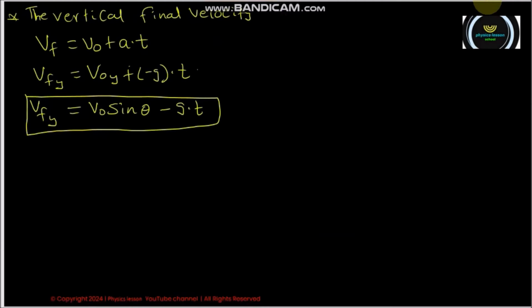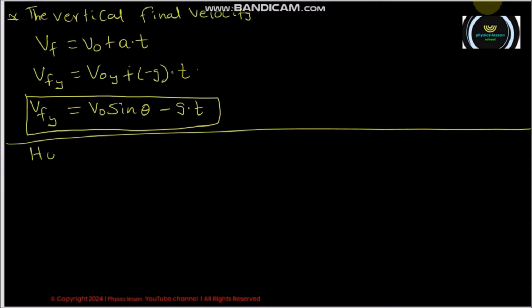Now let's see that these are the vertical projection. What about the horizontal? For the horizontal, we have acceleration across the x, which is 0. Let's start from the final velocity across the x. How can we derive this equation?